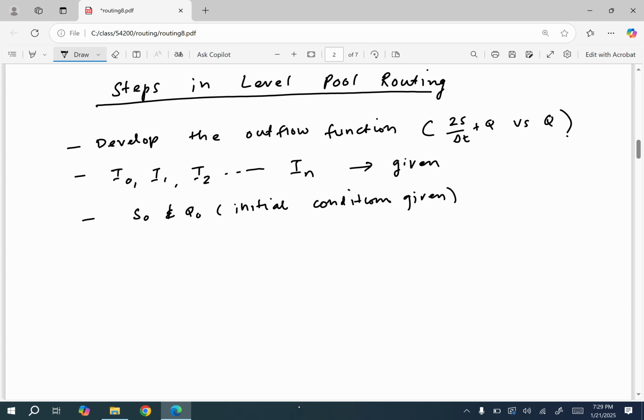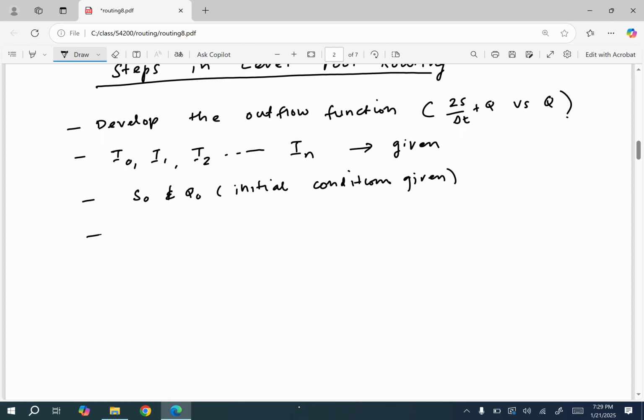and then we solve for S1, which will be 2S1 over delta T plus Q1 is equal to I1 plus I0 plus 2S naught over delta T minus Q naught.